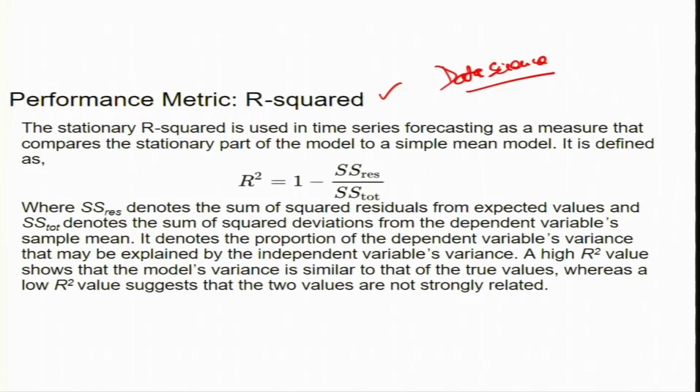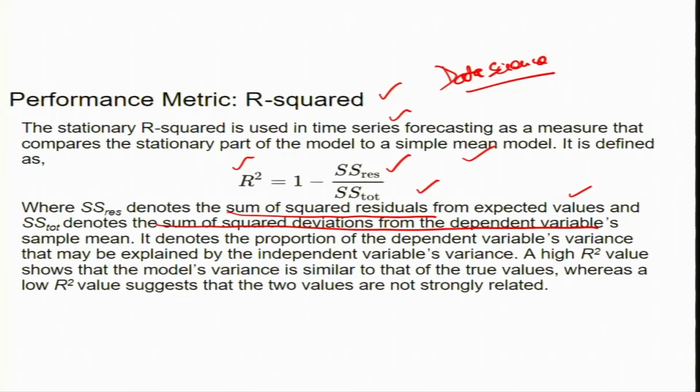So, the stationary R squared is used in time series forecasting as a measure that compares the stationary part of the model to a simple mean model. This R squared is defined as 1 minus SS residual, that is the sum of squared residuals from expected values, over SS total, that is the sum of squared deviations from the dependent variable's sample mean.